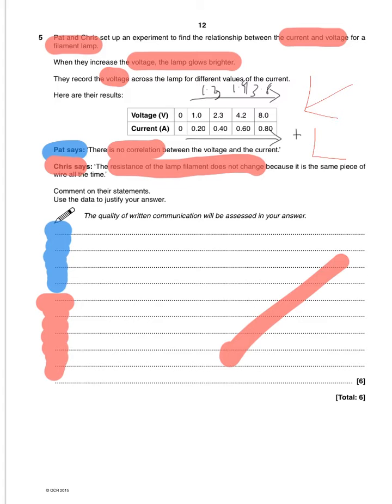So Chris says the resistance of the lamp does not change. So firstly you've got to decide if he's right or if he's wrong, and then we'd try and explain why the filament does change its resistance or it doesn't. What you'd probably want to think about is temperature. So current's increasing. What would happen to the resistance of that lamp when you get increased current?